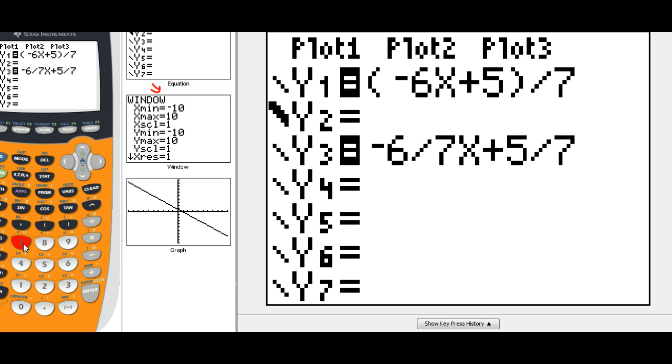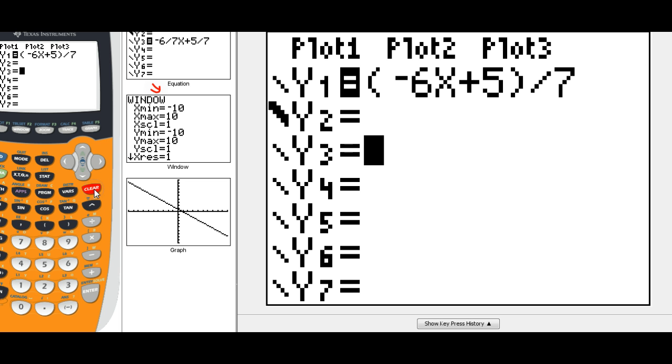That would have been fine. That's going to give you the exact same line. So if you want to make sure both terms get divided by 7, you can type it in like I put it in y3. If you don't want to divide both terms by 7, then that whole numerator, negative 6x plus 5, must be divided by 7. So your choice, but they're going to give you the exact same line.